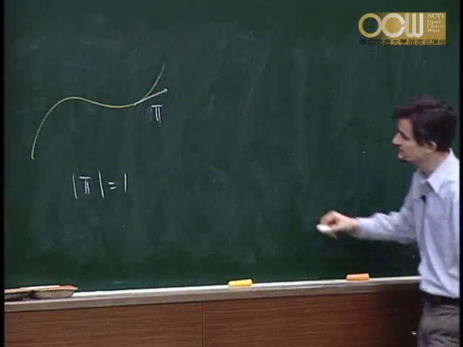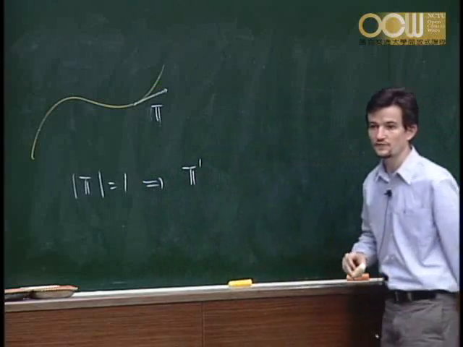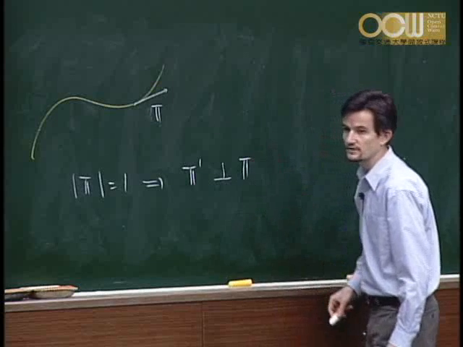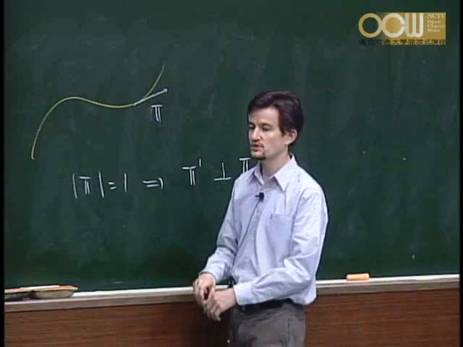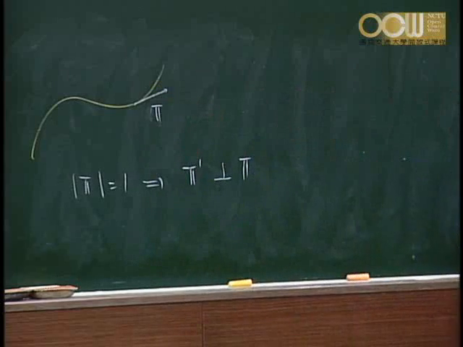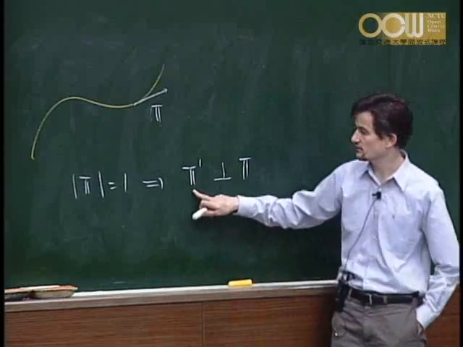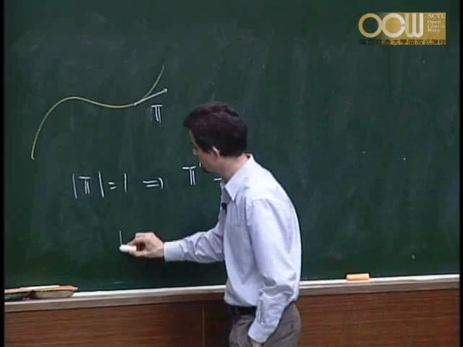So from the result which I showed you last time, the derivative of this vector function is orthogonal to the vector itself. So you get one vector which is perpendicular to this vector by just taking the derivative.